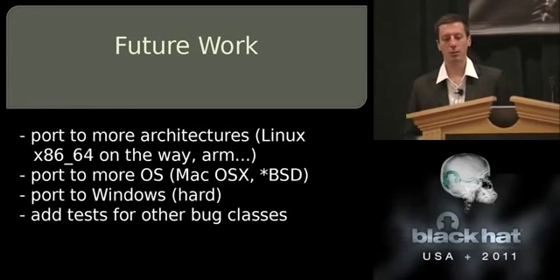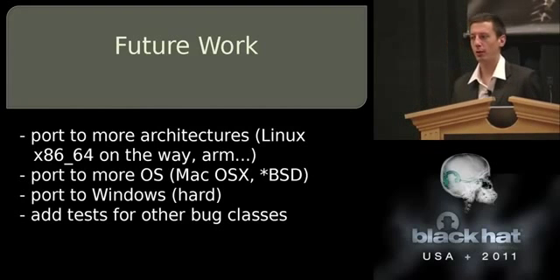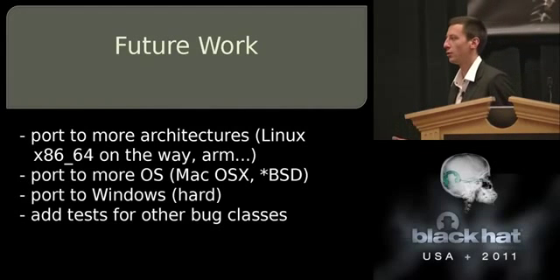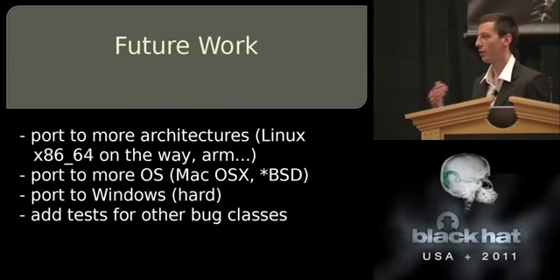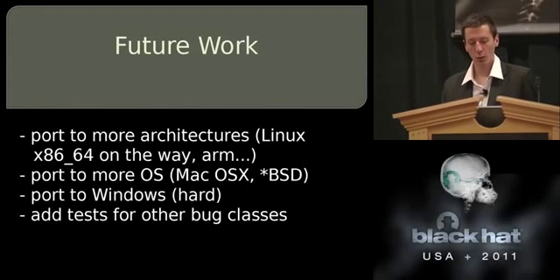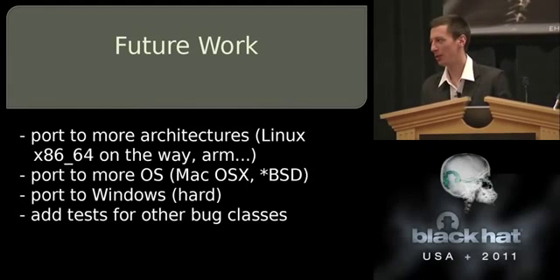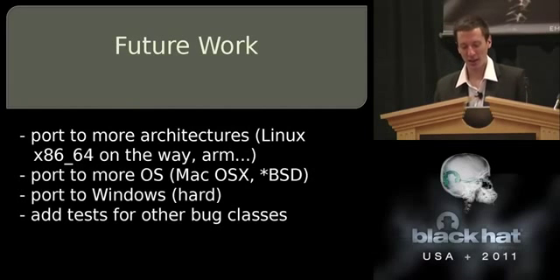The only thing is I have a pretty strong use of /proc. So if you don't have a /proc, you may need to brute force the memory location or get them via another way. Porting to Windows is, honestly, super hard. I don't believe it's even achievable. Let's see. And we expect to add more tests for other subclasses of invalid write or other strategies.